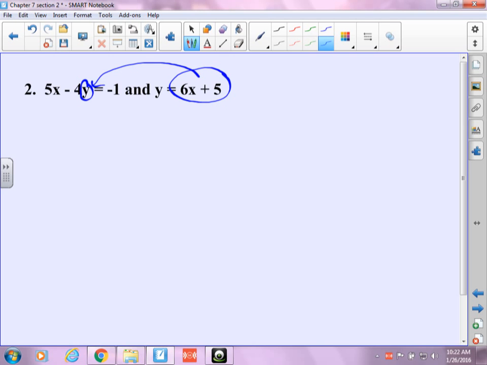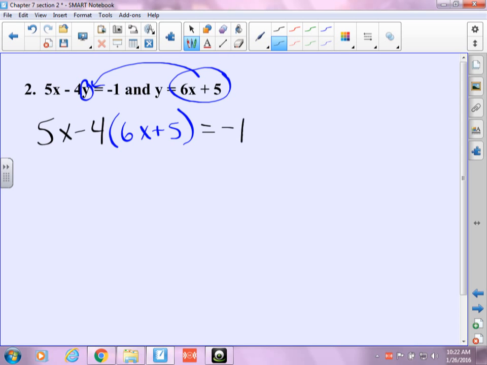All right, so I'm going to write down 5x minus 4. I'm going to take out the y and I'm going to put in the sub. Here's the sub. And what do I follow it with? Equals negative 1. Yep. So I'm just going to finish up with that equation.